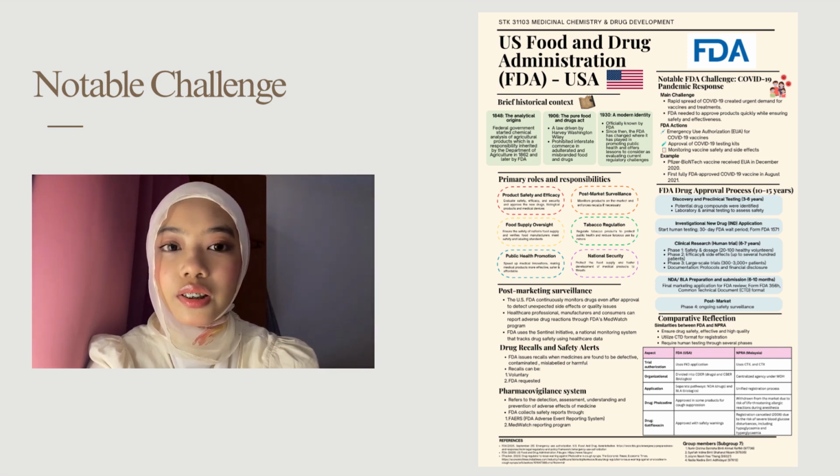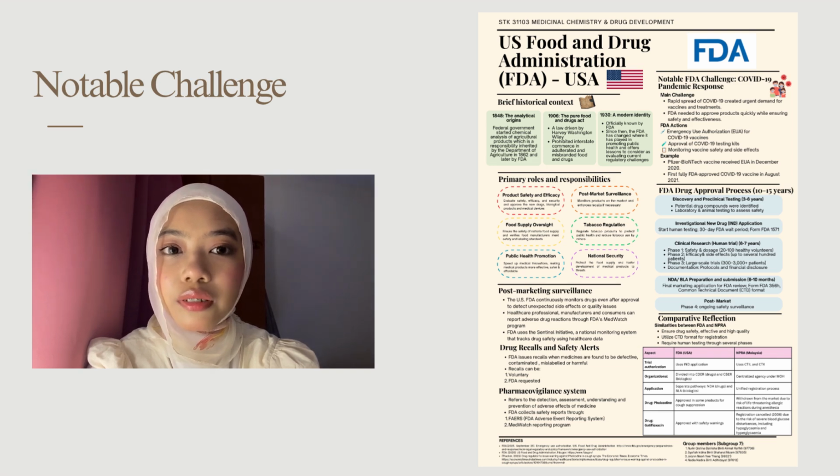To address this, the FDA used the Emergency Use Authorization, or EUA, system to speed up approval for vaccines, diagnostic test kits, and medical devices. One important example was the Pfizer-BioNTech COVID-19 vaccine, which received emergency use authorization in December 2020 and later became the first fully FDA-approved COVID-19 vaccine in 2021.